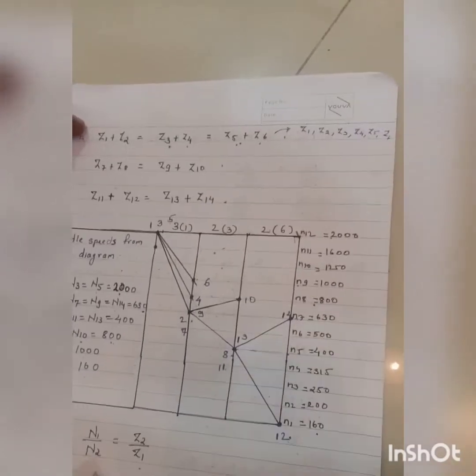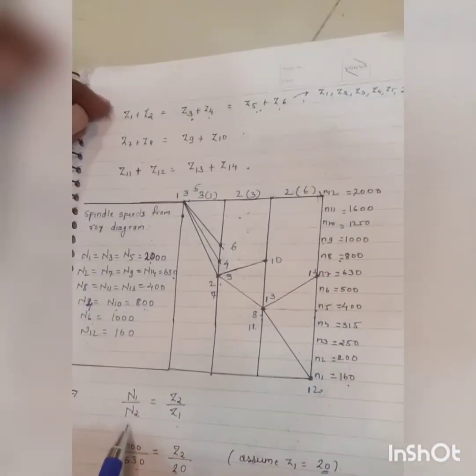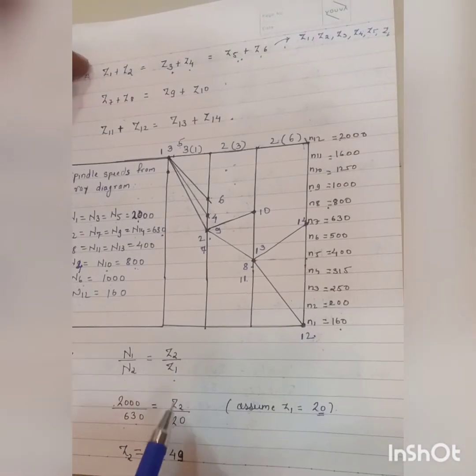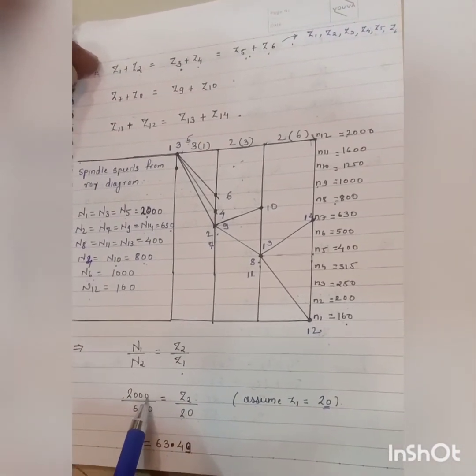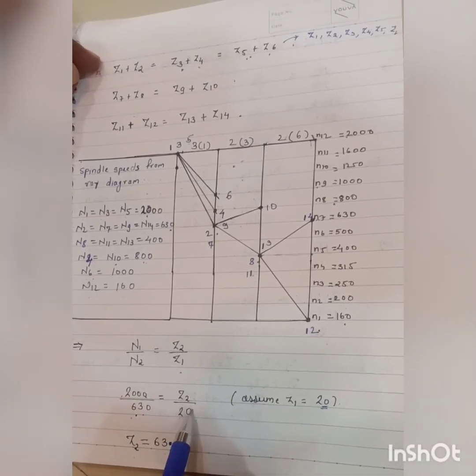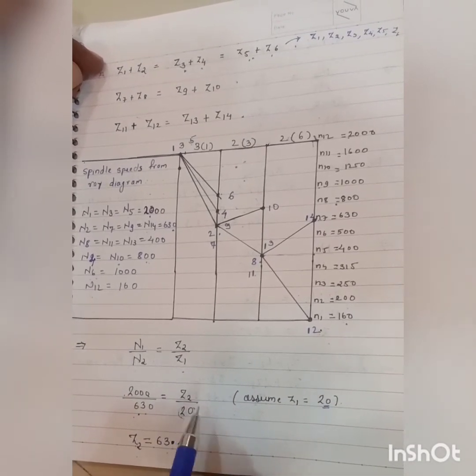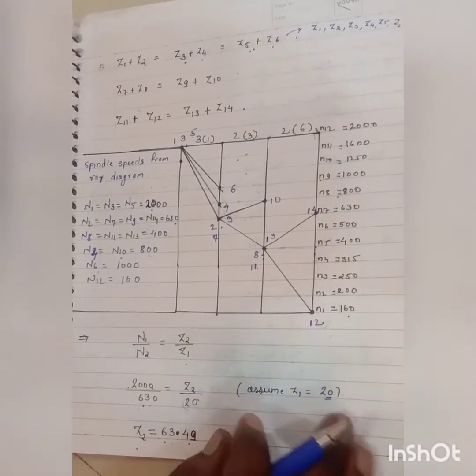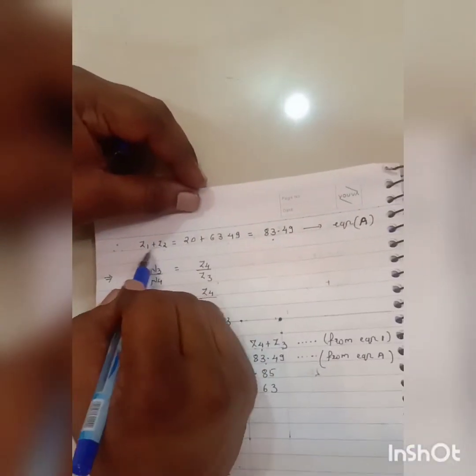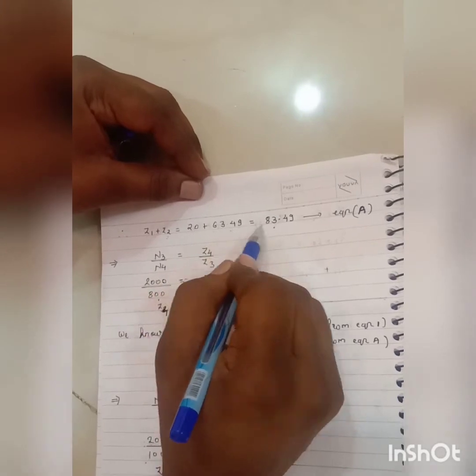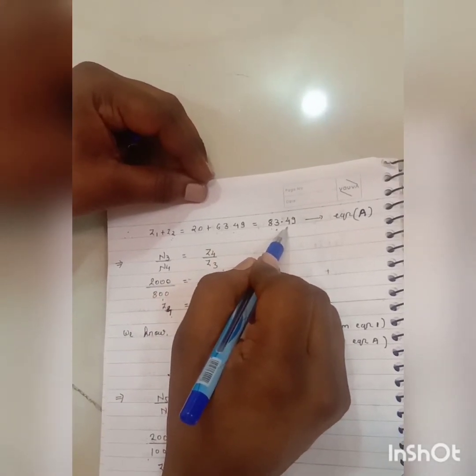Now to solve, we know that the ratio N1 by N2 equals Z2 by Z1. We know the value of N1 is 2000, N2 is 630. Z1 we will assume as 20. So you will get the value of Z2 as 63.49. And we know Z1 is 20, so Z1 plus Z2 equals 20 plus 63.49, which is 83.49.